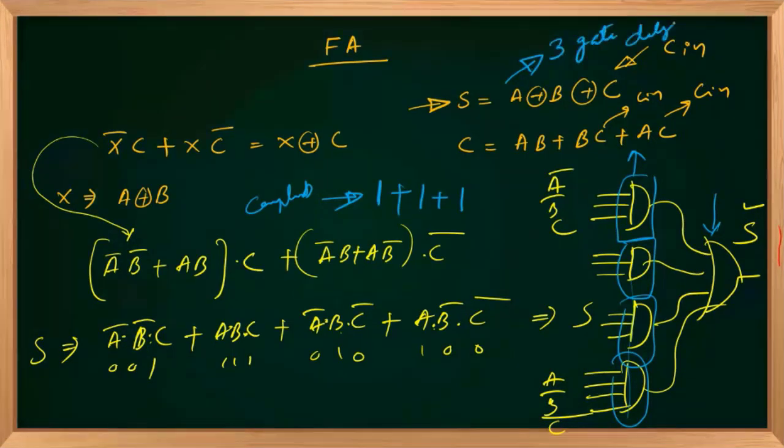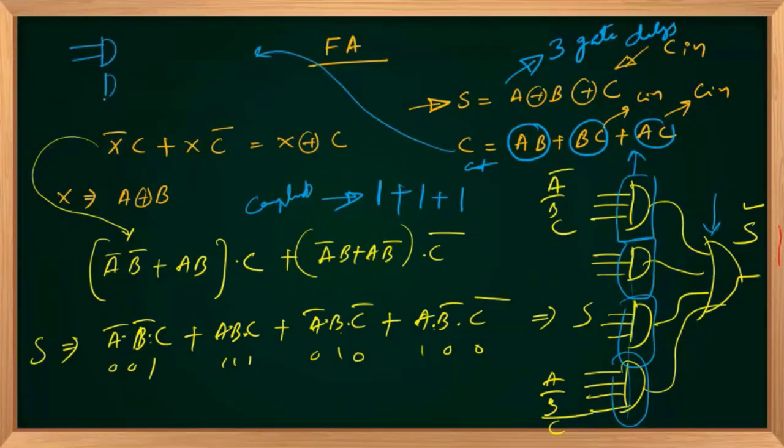Three gate delays. And what about carry out? Carry out is very simple. We should produce the product terms first. For that, I should use AND gates, three AND gates in parallel, and take the OR operation between the individual outputs: AB plus BC plus AC, right?